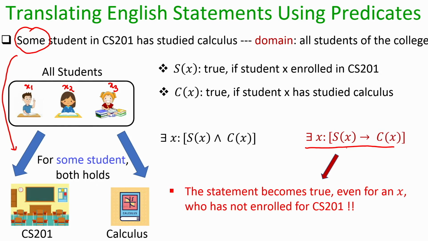If you have some x1 such that S of x1 is false, then even for such an x1 this existential quantification becomes true, because since S of x1 is false, it does not matter whether C of x1 is true or false. The overall implication will be true, because false implies anything is true.